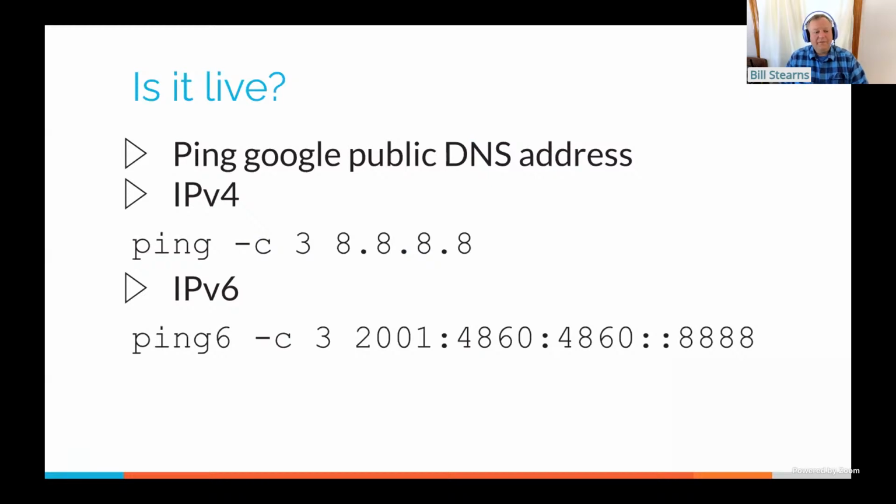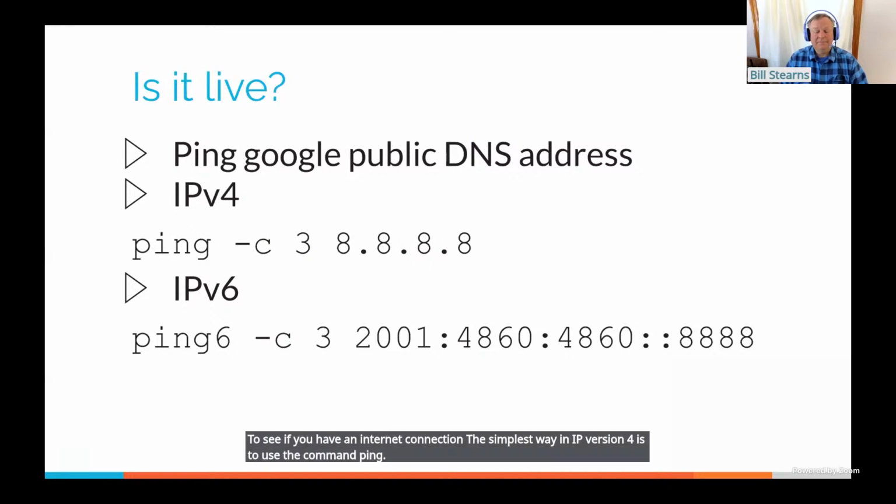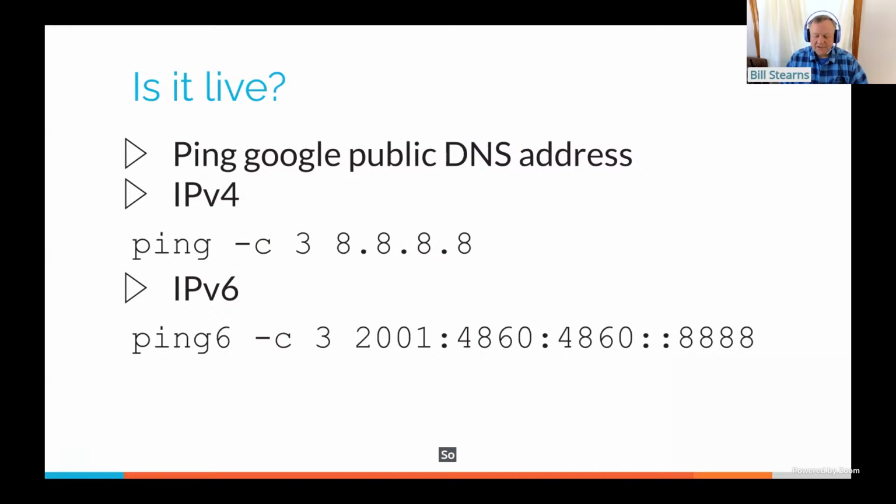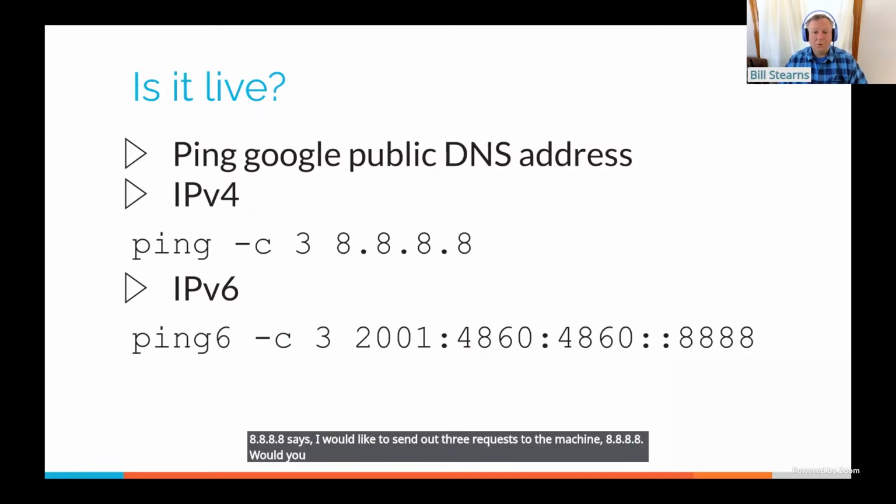To see if you have an internet connection, the simplest way in IP version 4 is to use the command ping. So ping space dash c space 3 8.8.8.8 says, "I would like to send out 3 requests to the machine 8.8.8.8. Would you please tell me if it replies or not?"